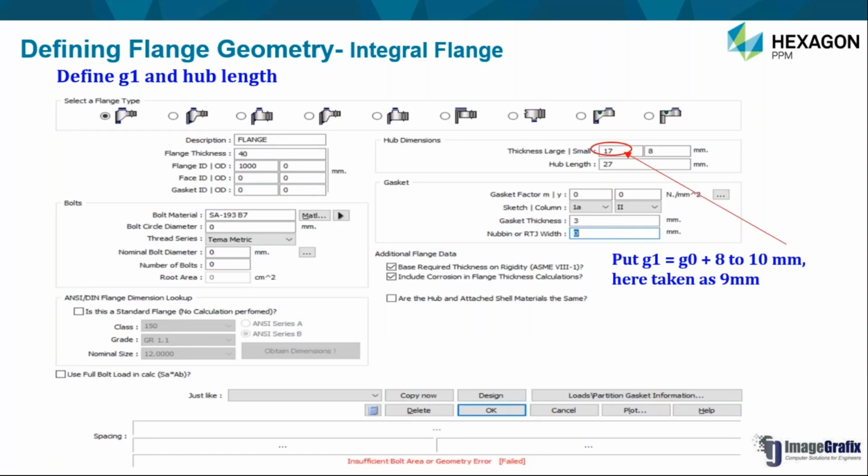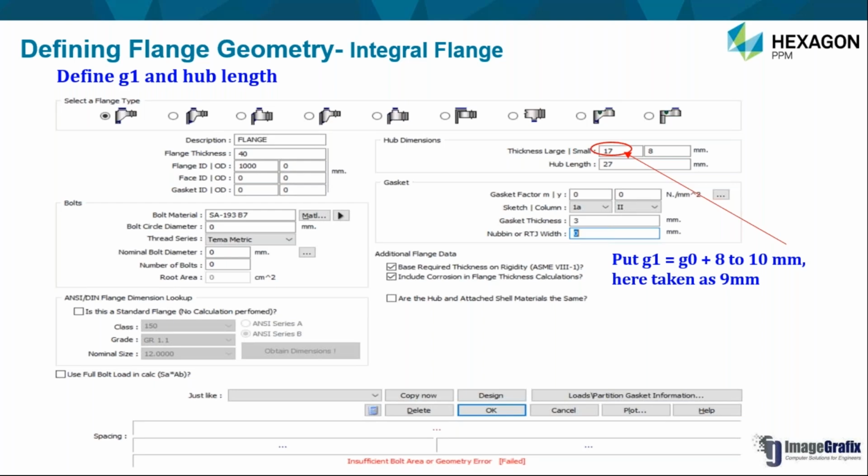We know that for a weld neck type of flange there is a taper to the hub with a 1:3 slope, and we have to maintain that. Whatever the difference between the large end hub thickness and the small end hub thickness, that multiplied by 3 will be your hub length. So either we assume the hub length or we assume G1, the large end hub thickness.